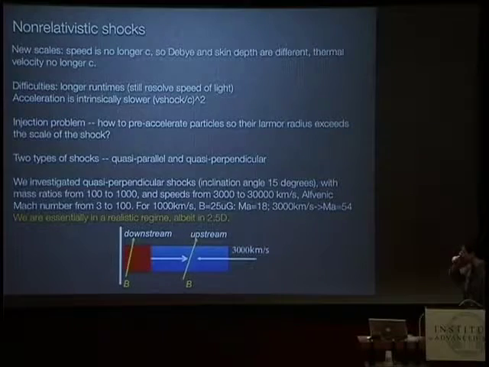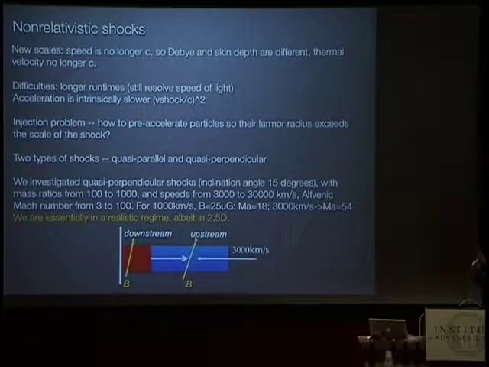And so far, we've been able to push these simulations to almost realistic parameters. So we've done mass ratios up to 1,000, and we can lower the velocity of the flow down to about 3,000 kilometers per second. So this is now in the range of the supernova remnant parameters.